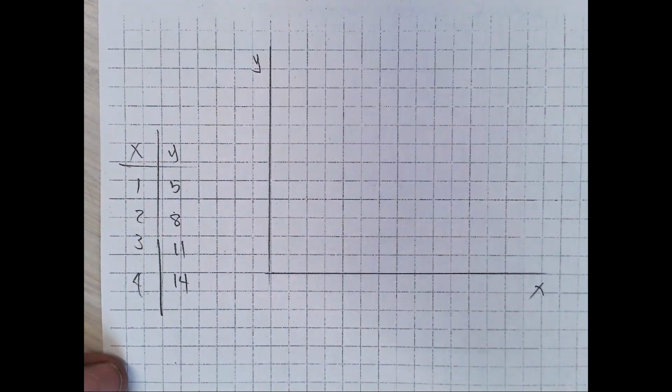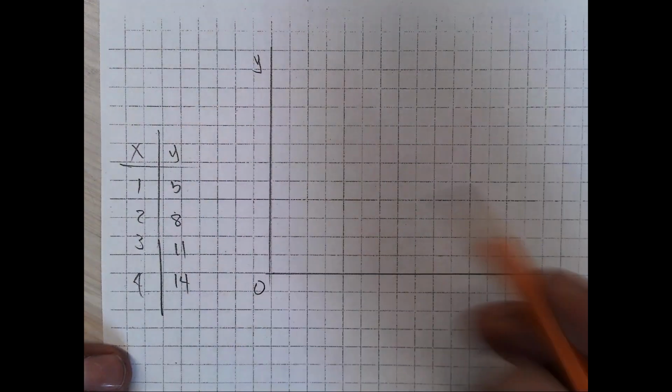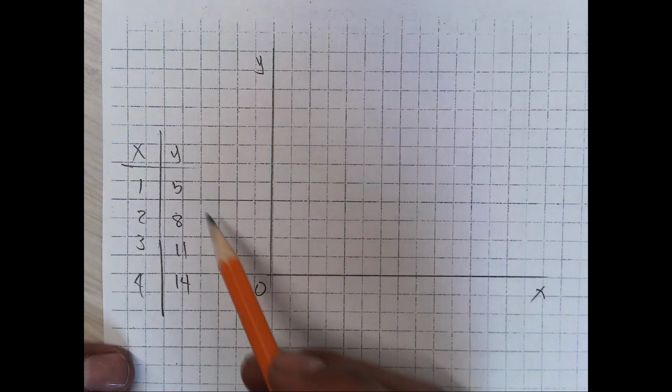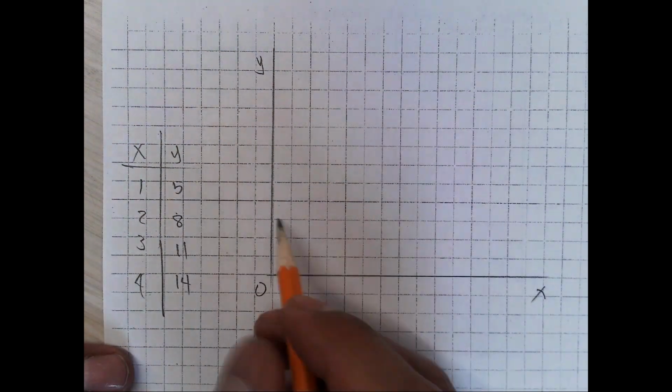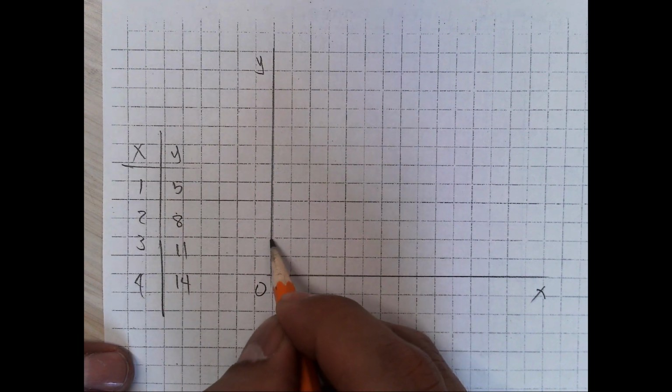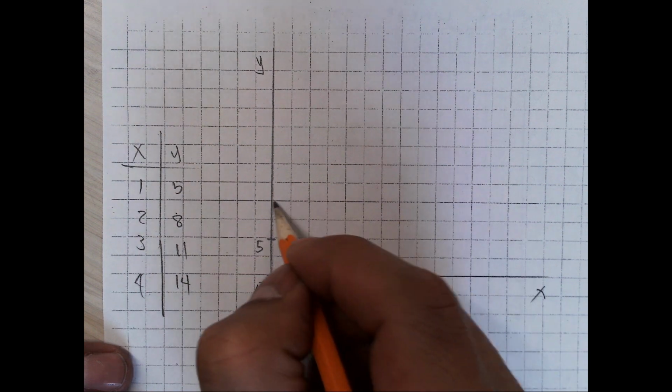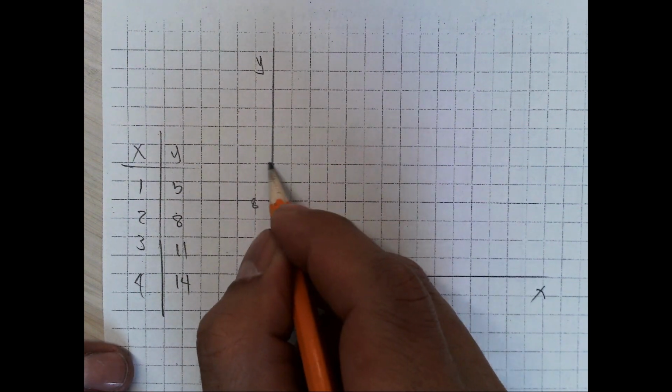Okay, we got our origin. This is why you shouldn't just use what you have on the data table, because some people will do this, and this is completely wrong. We'll use 5 here, and then 8, and then 11.